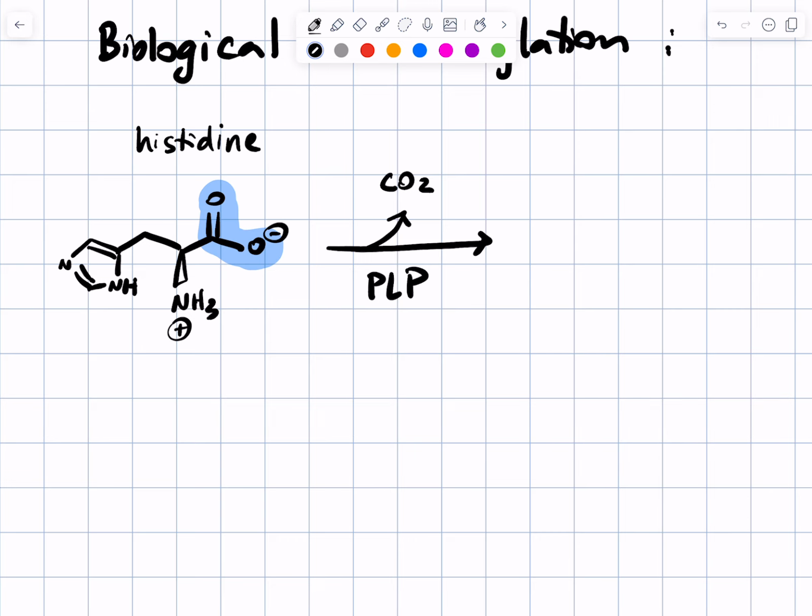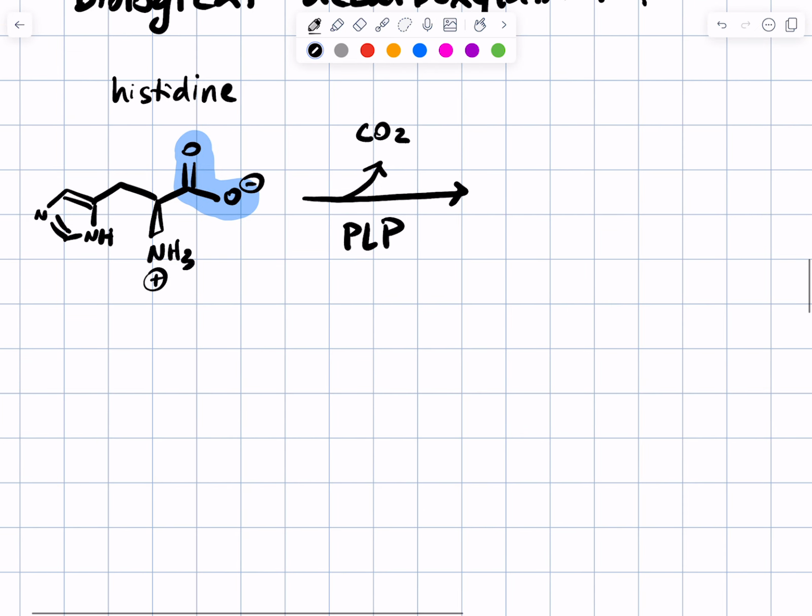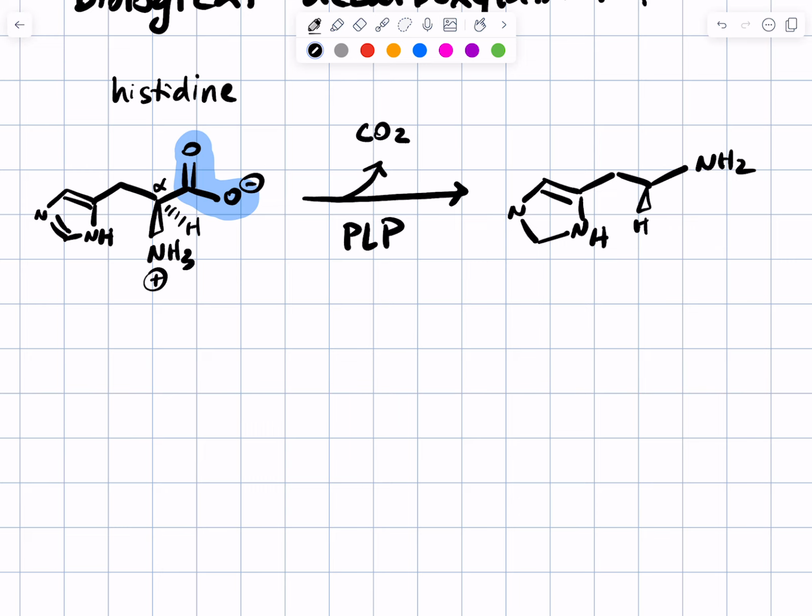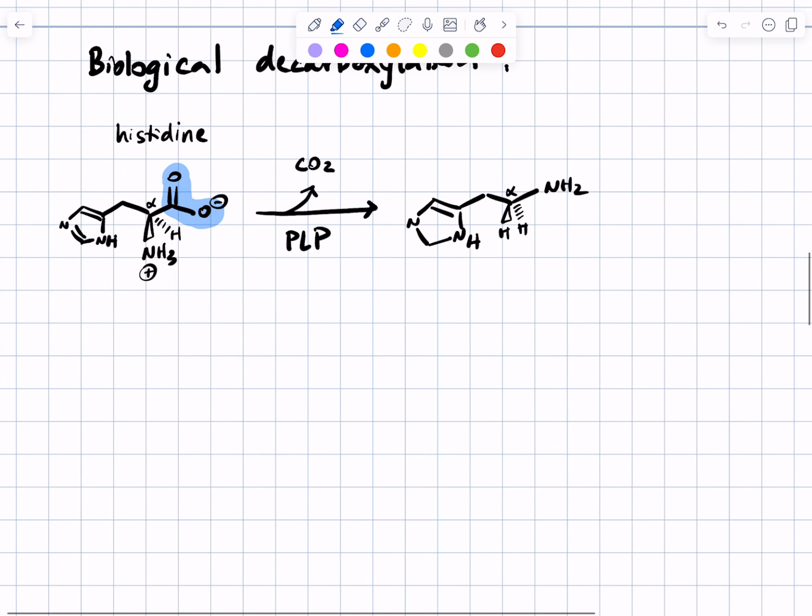PLP will have a similar but slightly different role in this decarboxylation reaction. But when the reaction is done, what you're left with is everything else that was in the molecule to begin with, except no CO2 group. There used to be a proton there on the alpha carbon. Now there are 2 protons on what used to be the alpha carbon, but CO2 is gone. And this is called histamine. That's the one you've probably heard of, histamine.